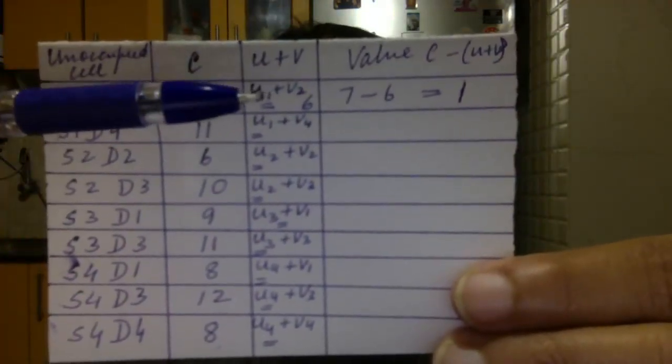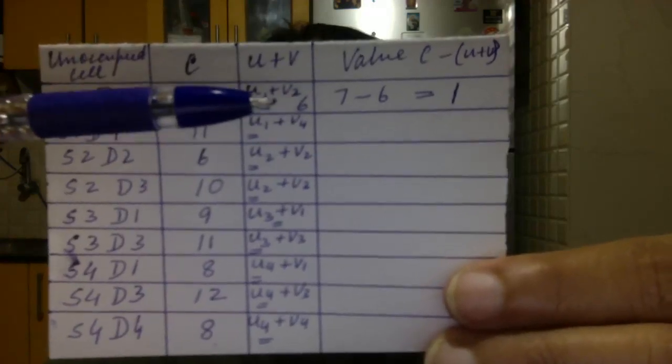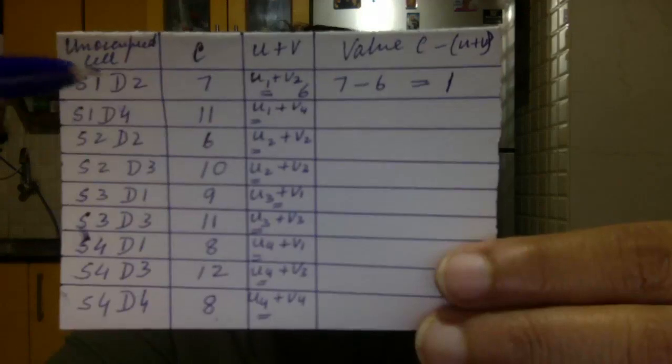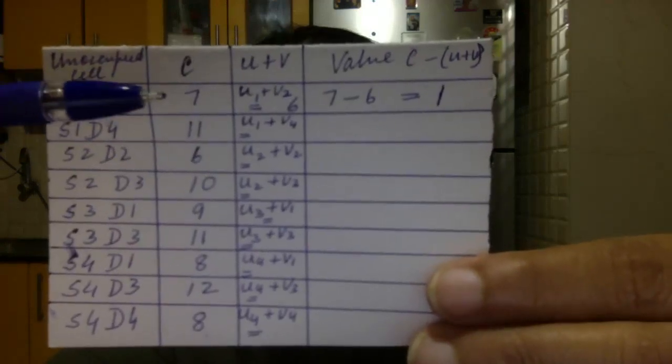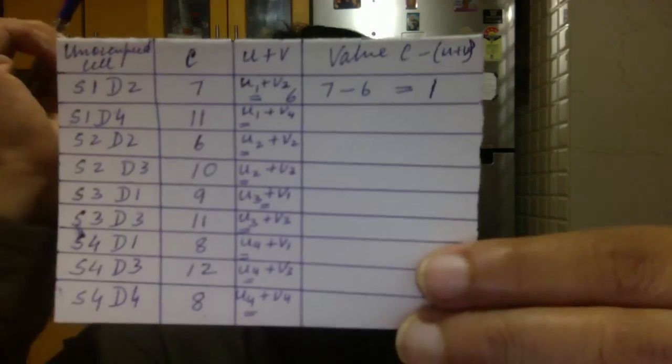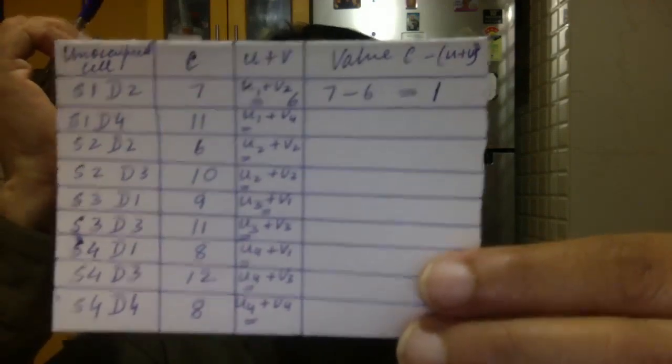U1 is 0. V2 is 6. So 0 plus 6 is 6. This is the 7. 7 minus 6 is equal to 1. Next one, U1 is 0 plus V4. V4 is 8. So you will get 11 minus 8 is equal to 3.